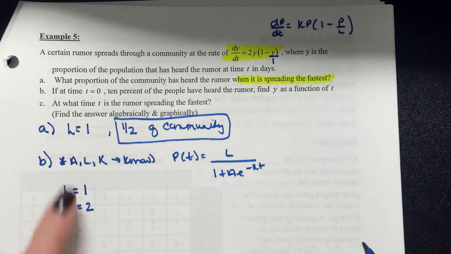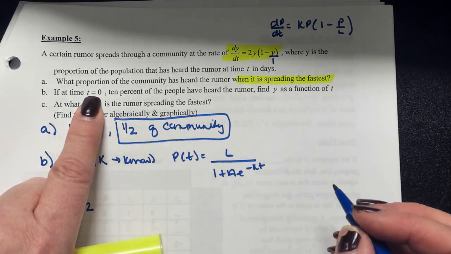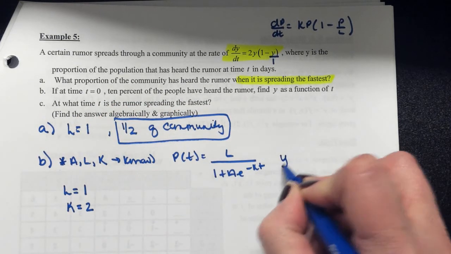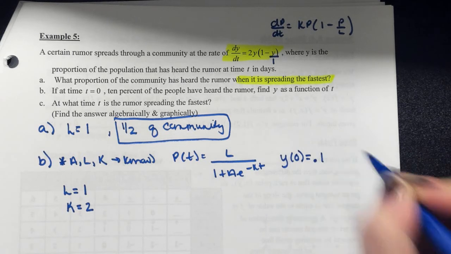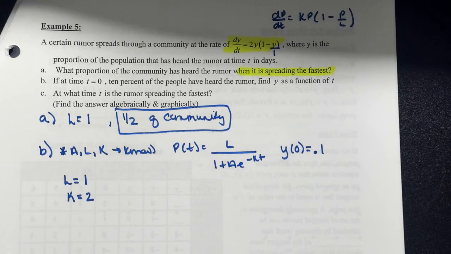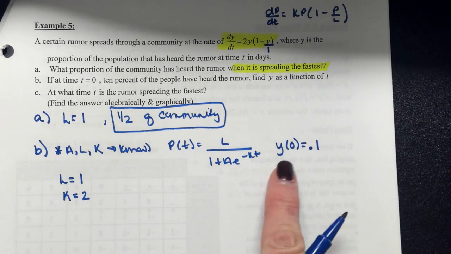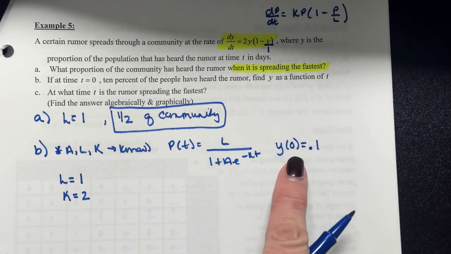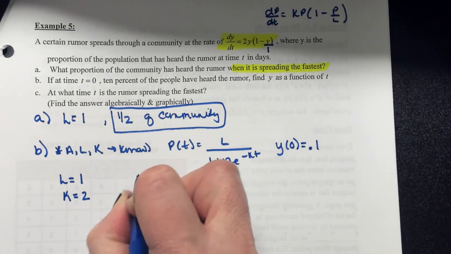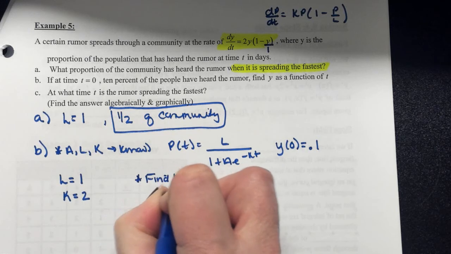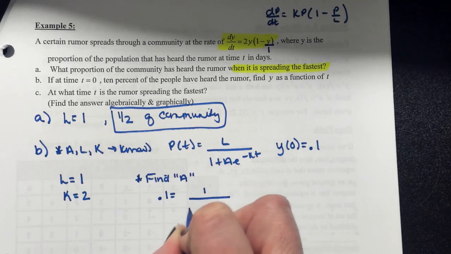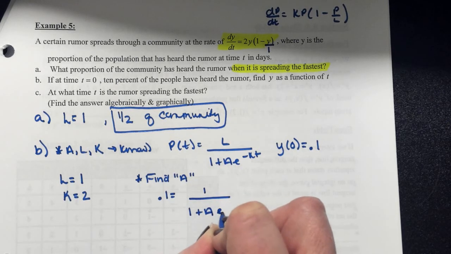So what I'm going to do, and again, they're telling you at time t equal to 0, 10% of the people have heard the rumor. So they're telling you that y of 0 is equal to 0.1. So I'm going to plug the L, K, and y of 0 equal to 0.1 into this equation to find A. So 0.1 is equal to 1 over 1 plus A times e to the 0.